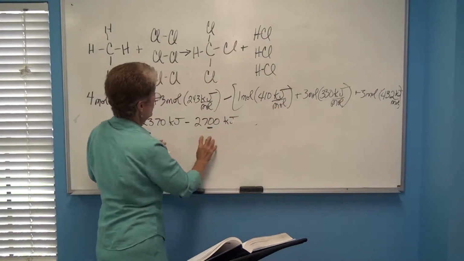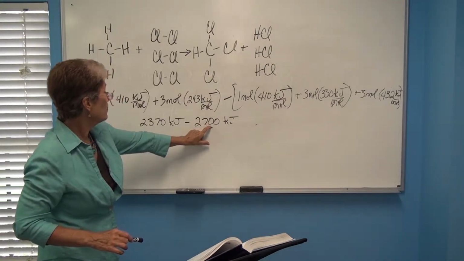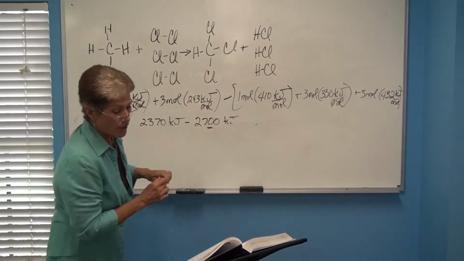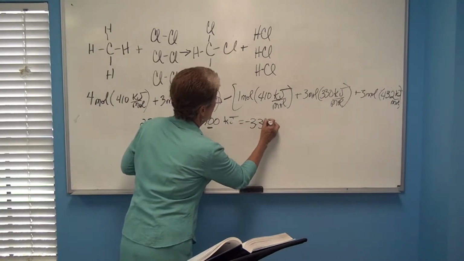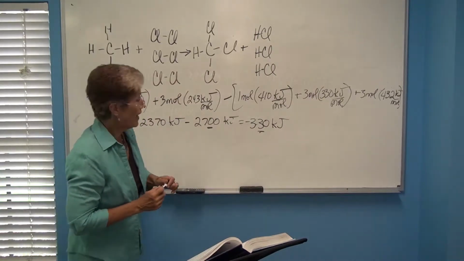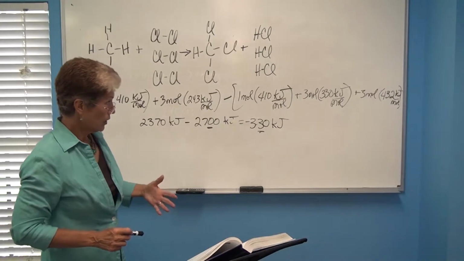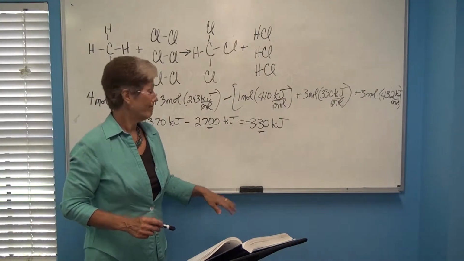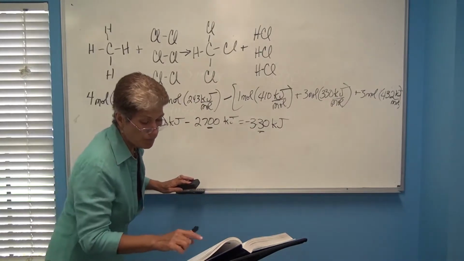This is 2700 kilojoules, but it goes to the tenths place, just like this one does. So the answer is actually negative 330 kilojoules, because that goes to the tenths place, and it's an exothermic reaction because we got a negative delta H. Okay, so that's how you do number 5.